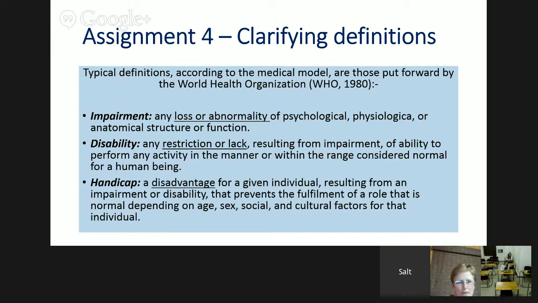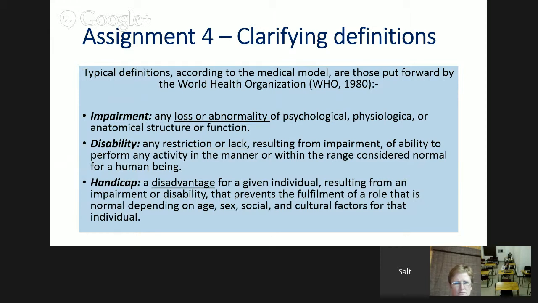And once again, when you come across these definitions, when you do your reading, look very carefully at what is actually implied, because sometimes we appear to be using them interchangeably, when we're talking about the handicap, we're actually implying impairment. So impairment is the actual loss or the abnormality within a certain function or structure. For example, a loss of good vision, or an abnormality in terms of vision where the child might have tunnel vision.